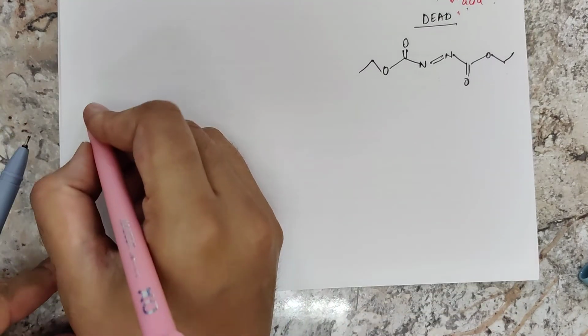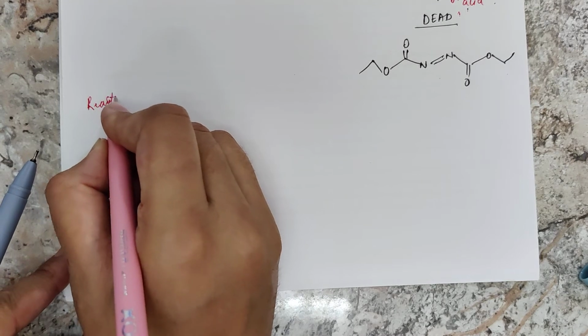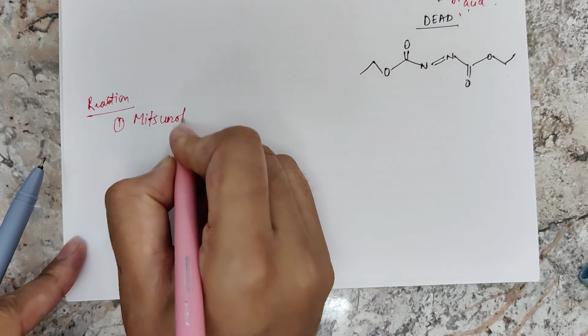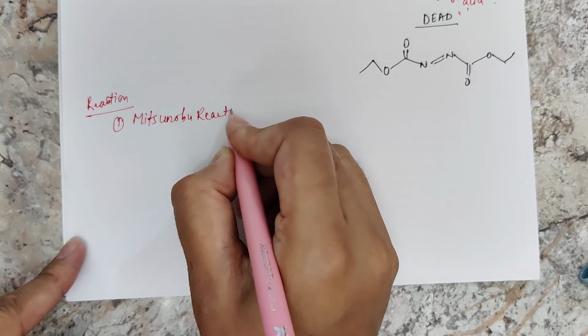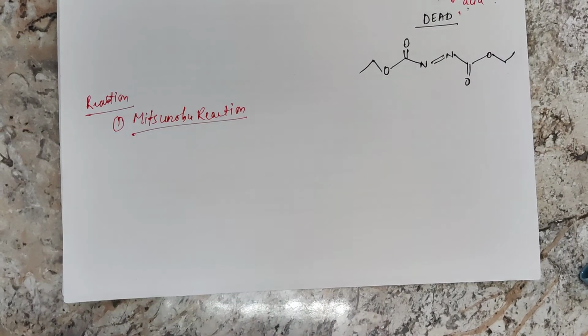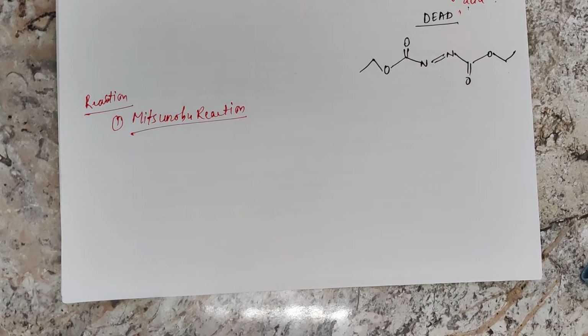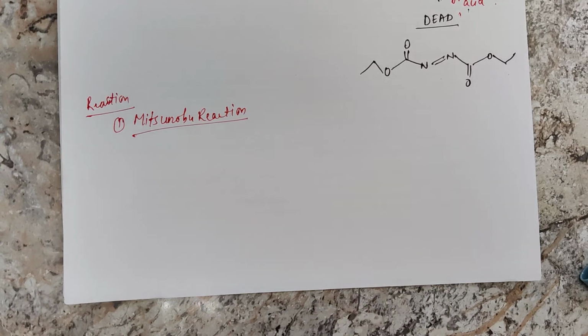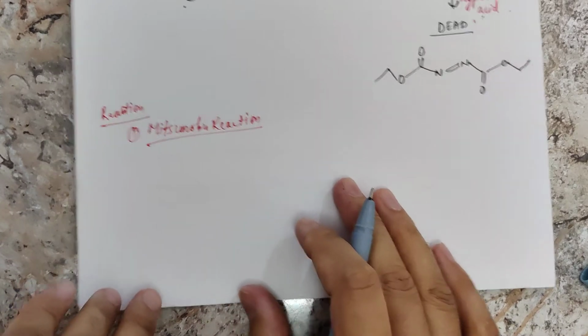If we talk about reactions, so the reaction is Mitsunobu reaction. What happens in this reaction is we take phosphine and our carboxylic acid and the DEAD reagent, and the reaction is performed on alcohol.